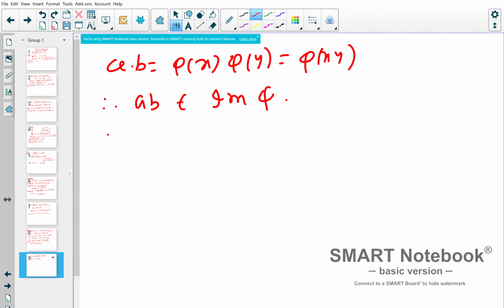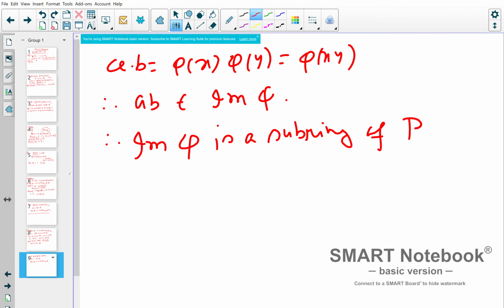And hence the image of phi is a subring of R2. Clear?